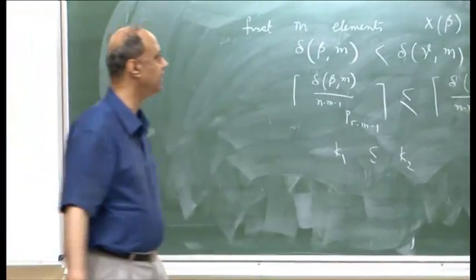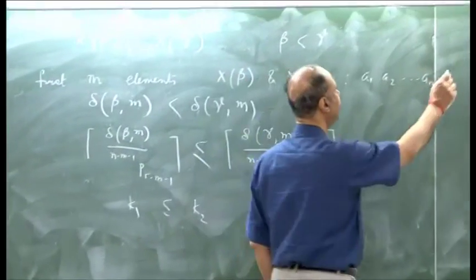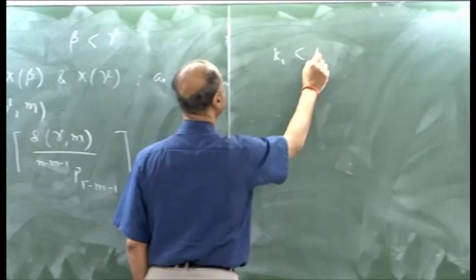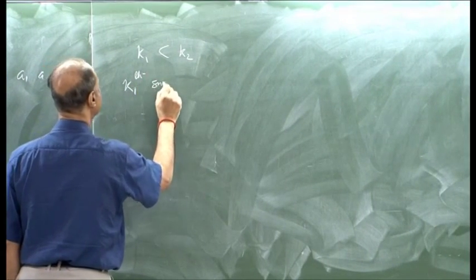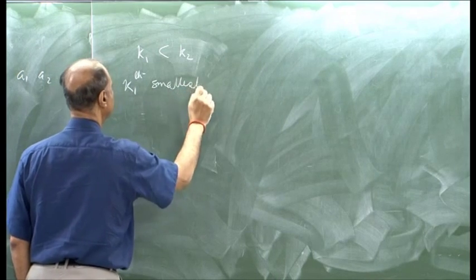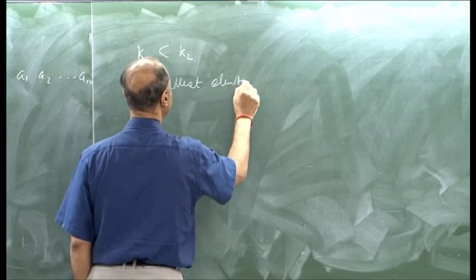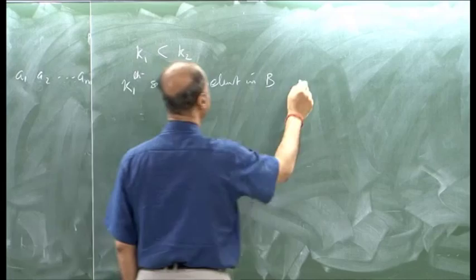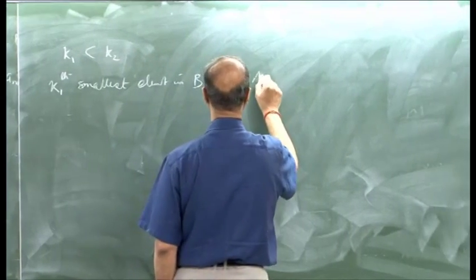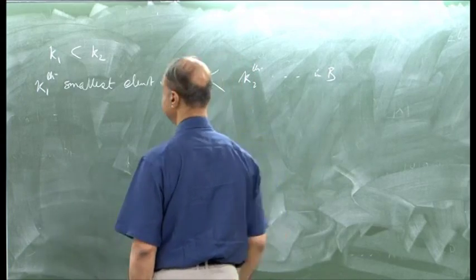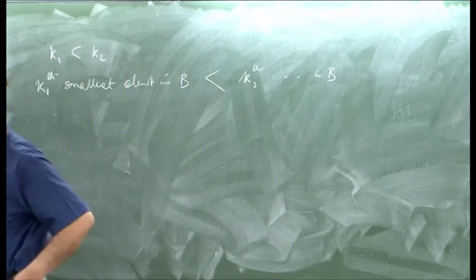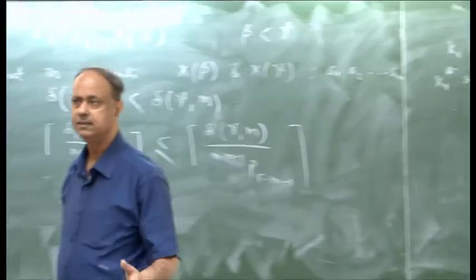If K1 is less than K2, then the smallest element in B for K1 is always less than that for K2, right? Because B consists of distinct numbers.